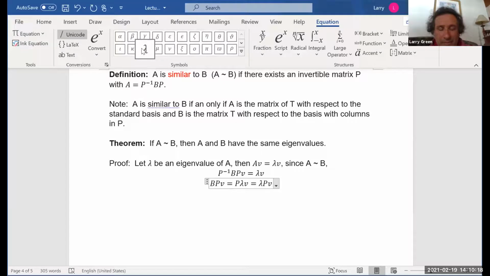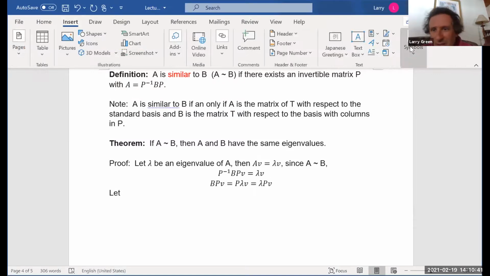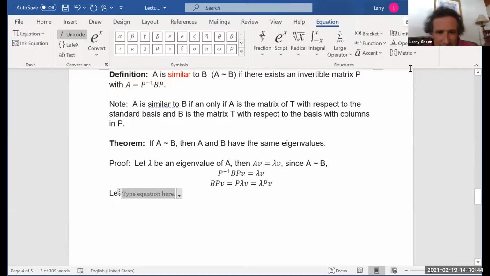Why am I done? Let's let W equal PV. Remember, V is a vector, PV is also a vector. Let's give it a name, W, sound good?